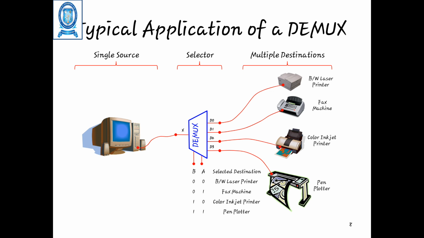A typical application of a demultiplexer is when one data stream is received and you want to distribute it to different destinations, so one to many.